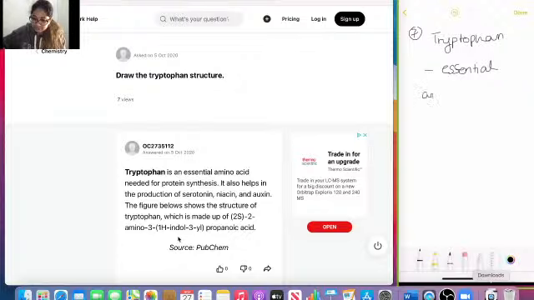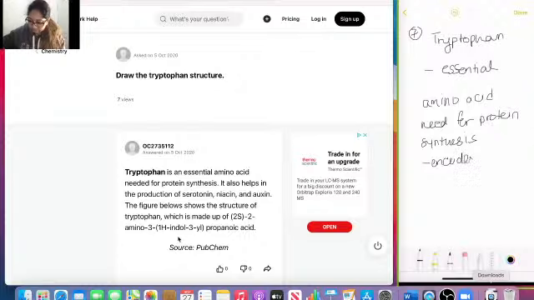So it functions for protein synthesis, so it encodes a certain protein, basically.